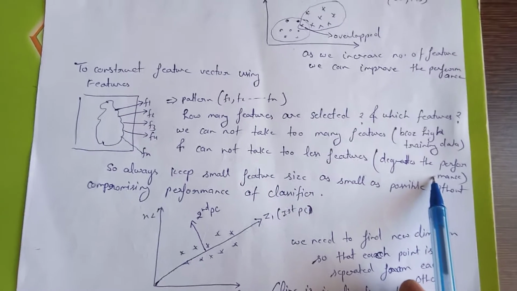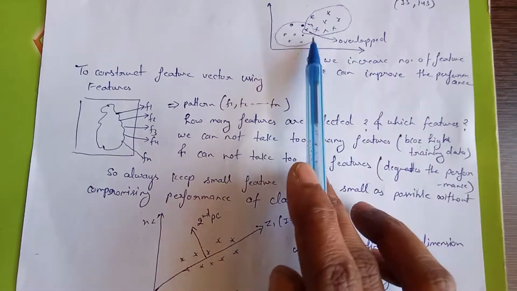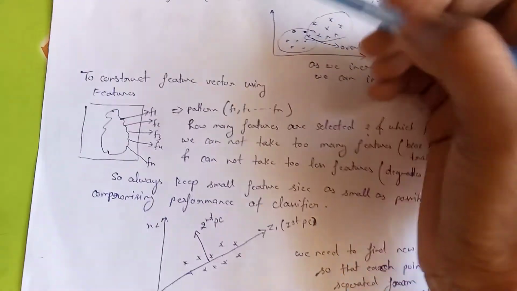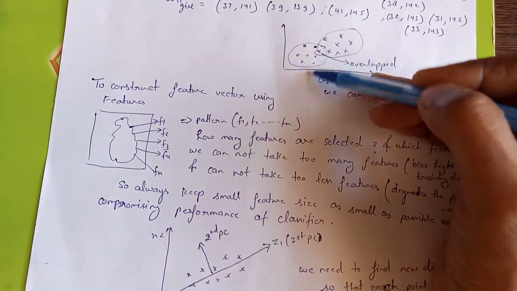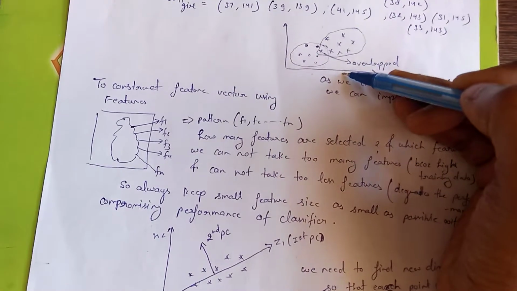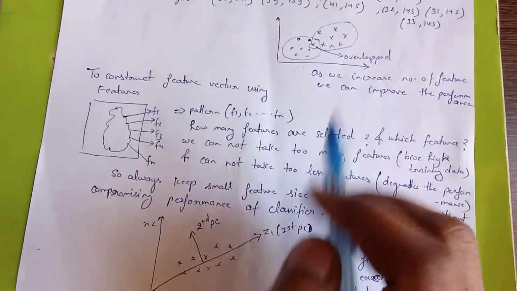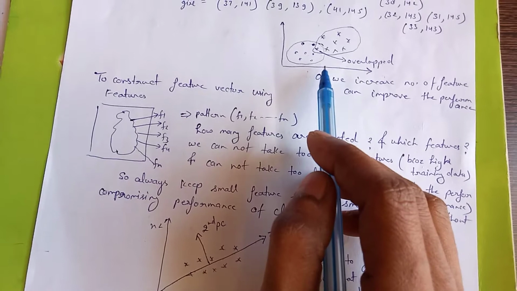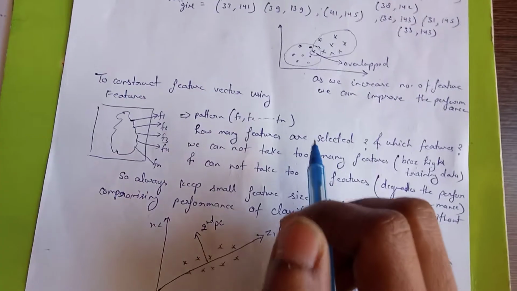Then how to decide? As you have seen in this example, if we take a mapping of all these points on the x-axis or on the y-axis, there is an overlap case. PCA helps in finding a solution to such problems.